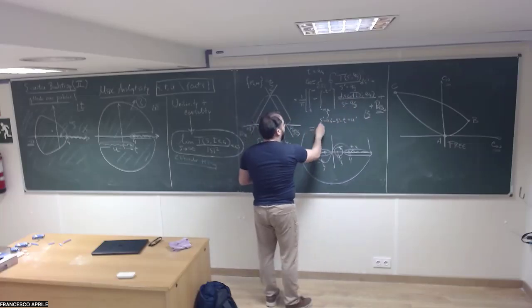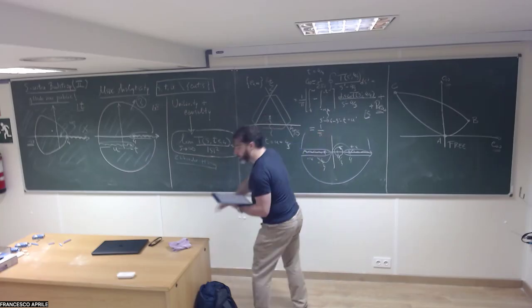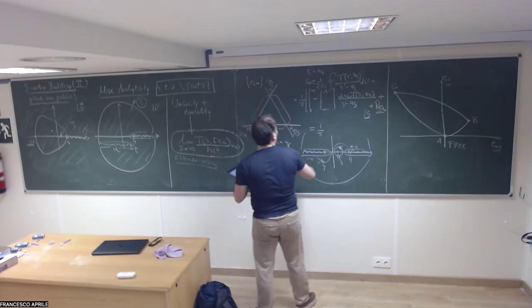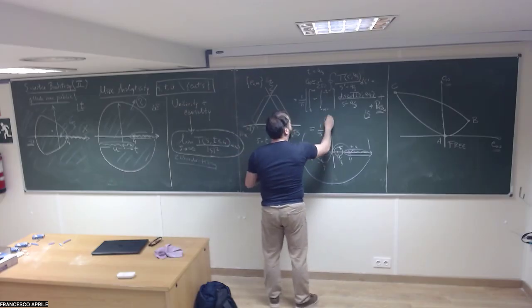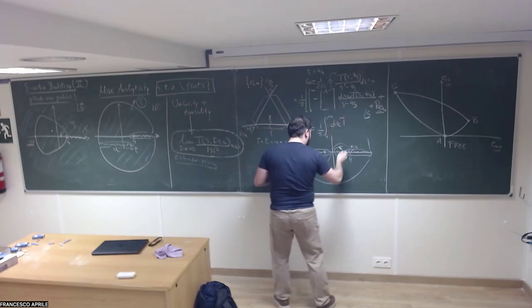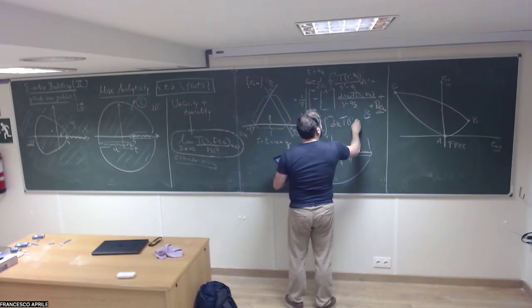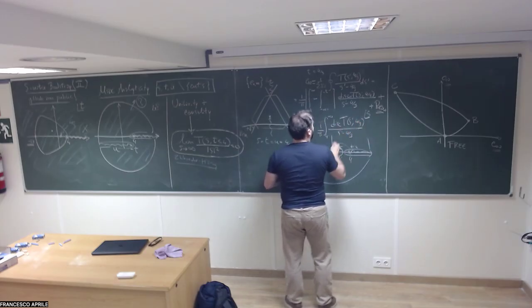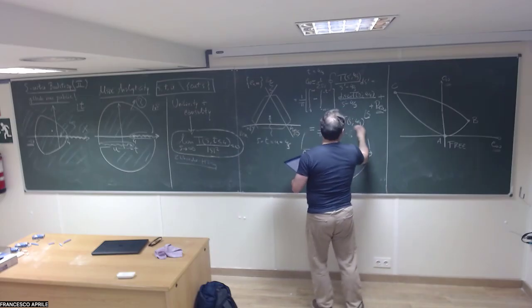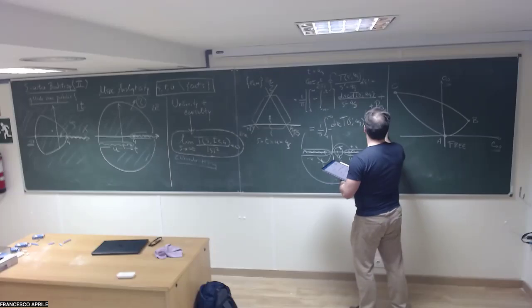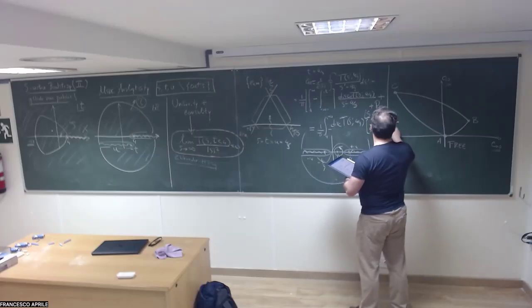Therefore, this integral becomes simply 1/π the integral from 4 to infinity of the discontinuity in t of s prime, 4/3, over s prime minus 4/3.